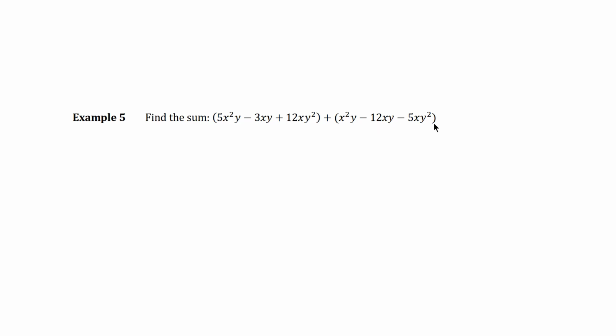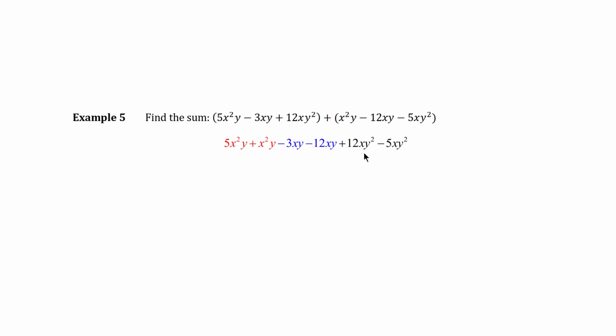In order to find the sum of these two polynomials, we just drop the parentheses and then we combine like terms. So we have 5x squared y plus x squared y minus 3xy minus 12xy plus 12xy squared minus 5xy squared. So you can see here that I grouped together all of the like terms.